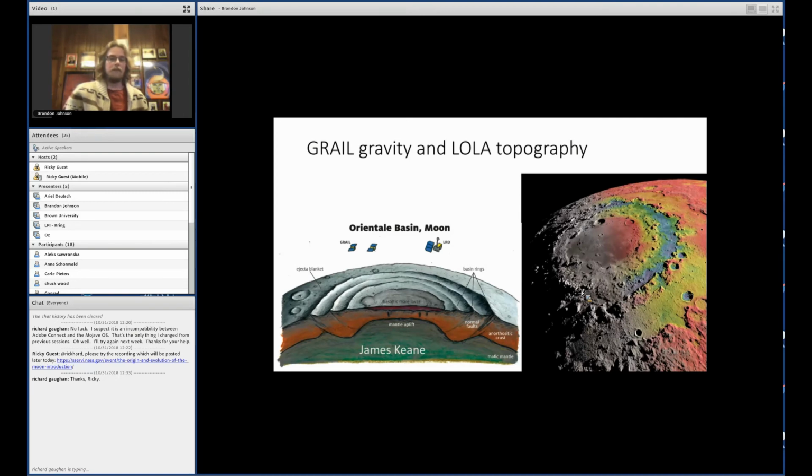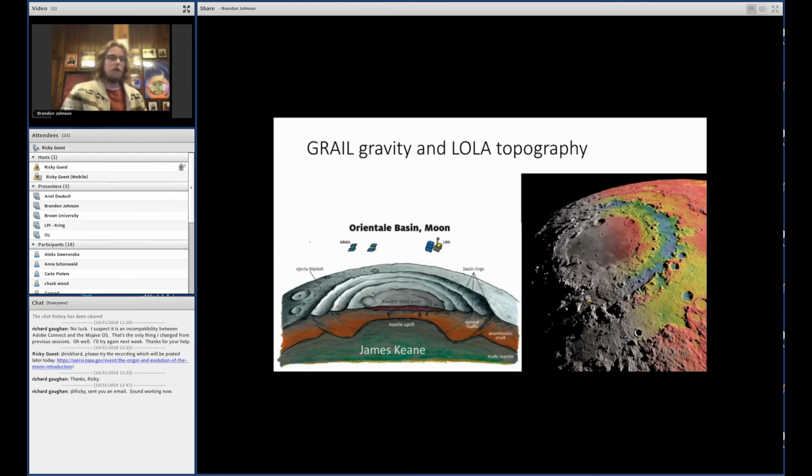And that's because with topography and imagery, you have a good idea of what's happening at the surface of the moon. But what GRAIL has done is it's let us get a look at the subsurface. And so on the right again is this LRO image with GRAIL gravity overlaid. On the left is a nice artist's conception.